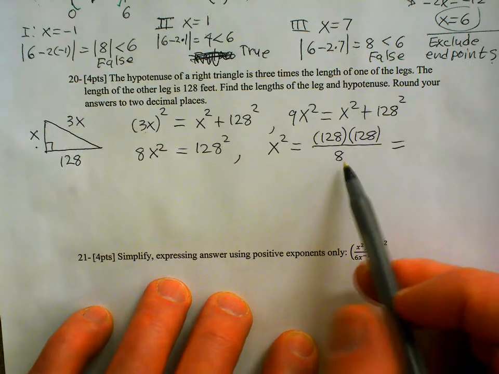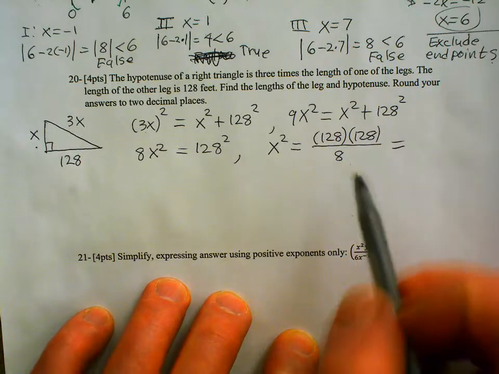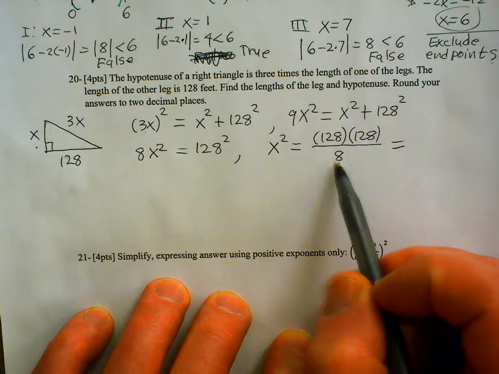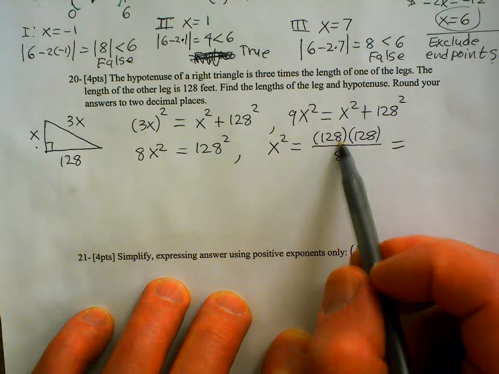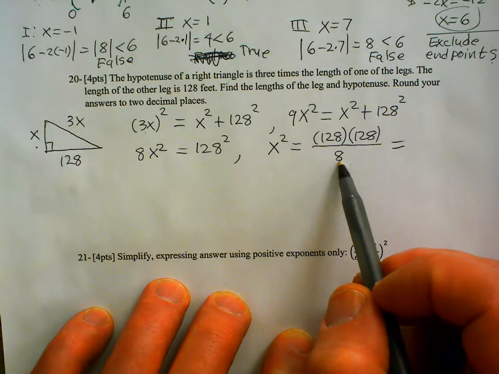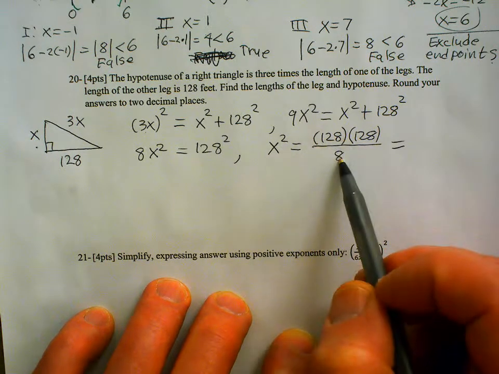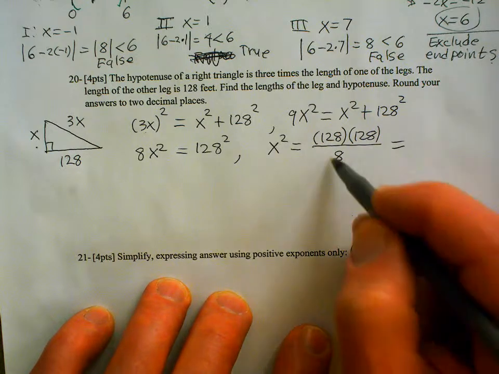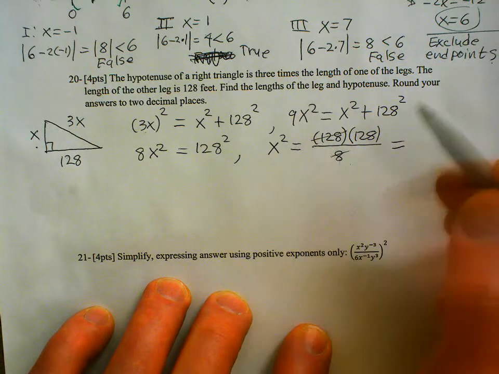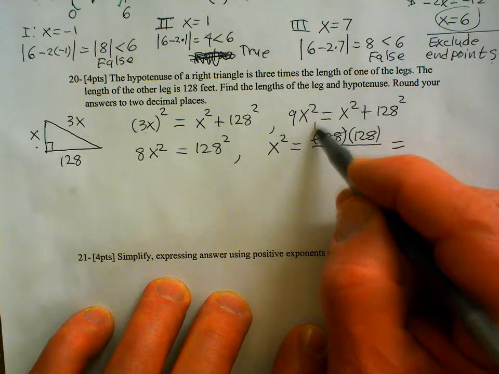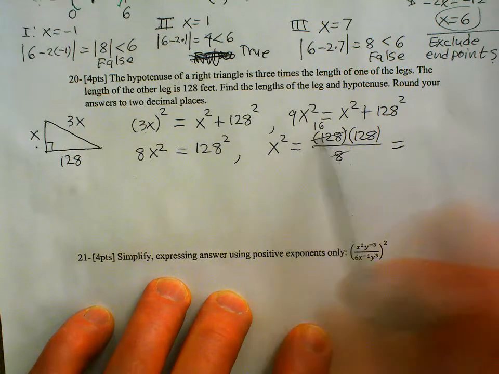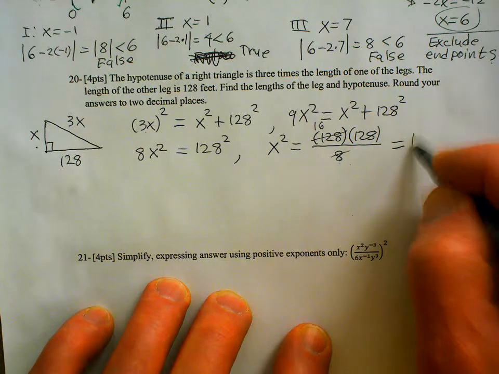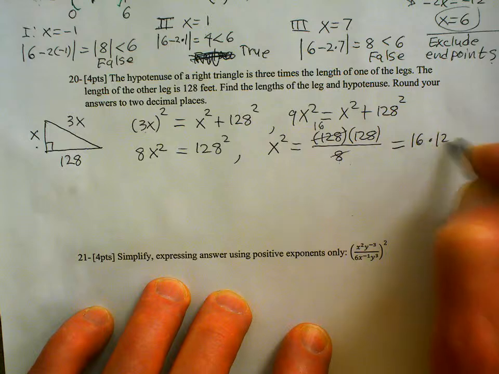But we can simplify this a little bit. Let's see, 8 goes into 128 16 times. So we're just left with 16 times 128.